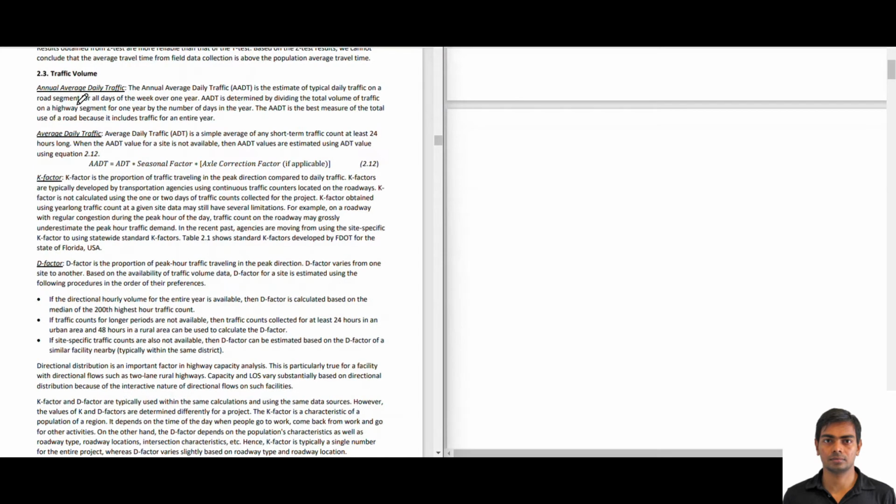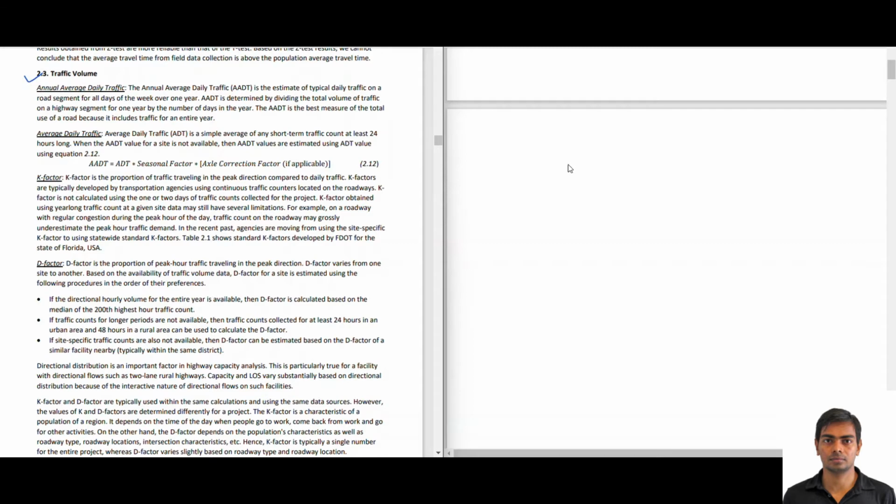Now let's go ahead and look at the next part, which is traffic volume. All the concepts we are going to discuss here are very fundamental and are very important to understand clearly. They are used in most of the work we do as traffic engineers.